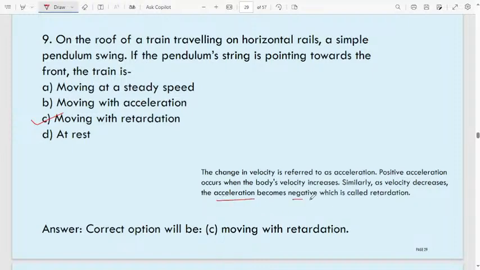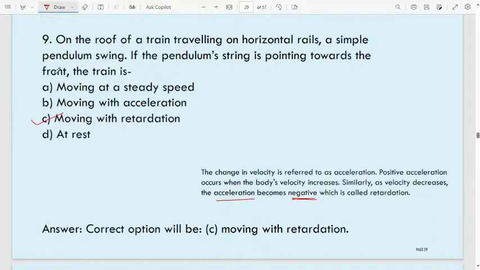When you get a negative value of acceleration, that one we will call a retardation. Retardation means when there is a decrease in the velocity of the object, the acceleration will be negative. Negative acceleration, another word we will consider as retardation. That is the important one.